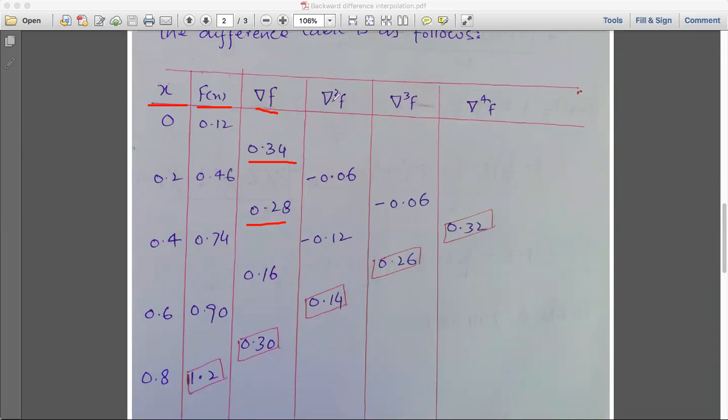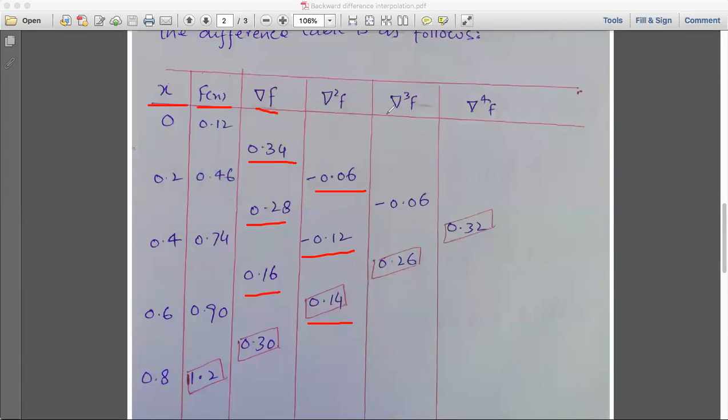Next is inverted delta square f, and this value is equal to 0.2 minus 0.34, it will be equal to minus 0.06. 0.16 minus 0.28 is equal to minus 0.12, and next is 0.30 minus 0.16 is equal to 0.14.